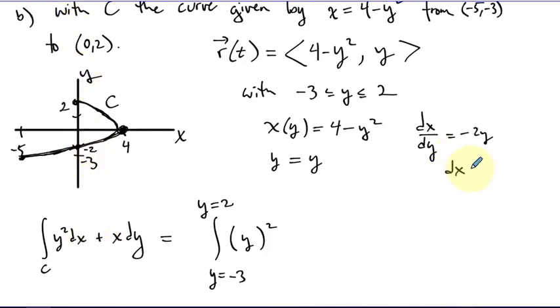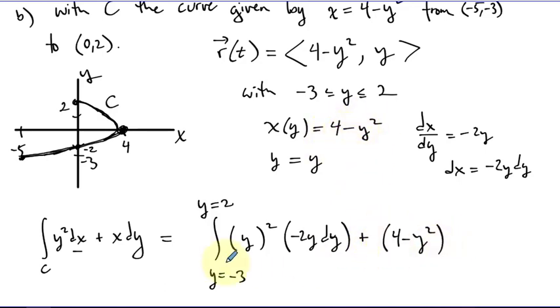The differential in x is -2 times y, differential in y. So replacing the differential in x, it has to carry along a -2y times differential in y, plus whatever the x value is, which is parameterized in terms of y, and the differential in y.